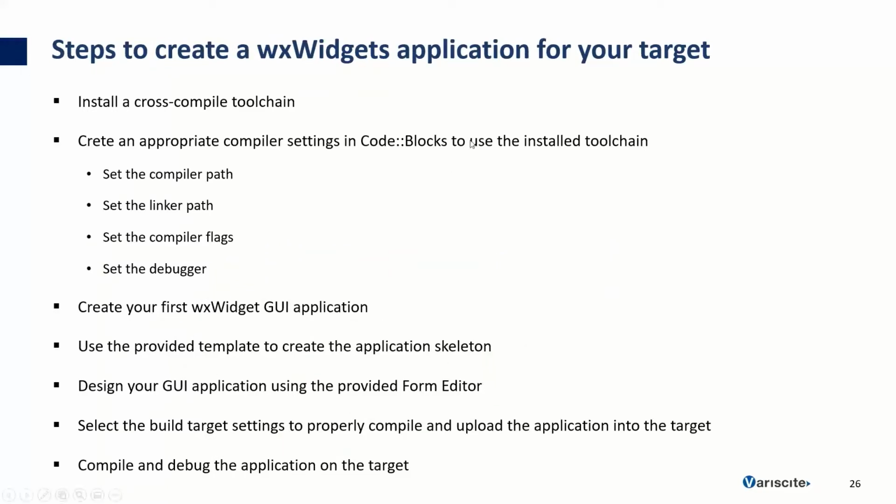So you can install the toolchain. You can create appropriate compiler settings in Code::Blocks, setting the compiler path, the linker path, the compiler flags, and the debugger configuration. We will create an application, and we will provide a dedicated template in order to run our target application.